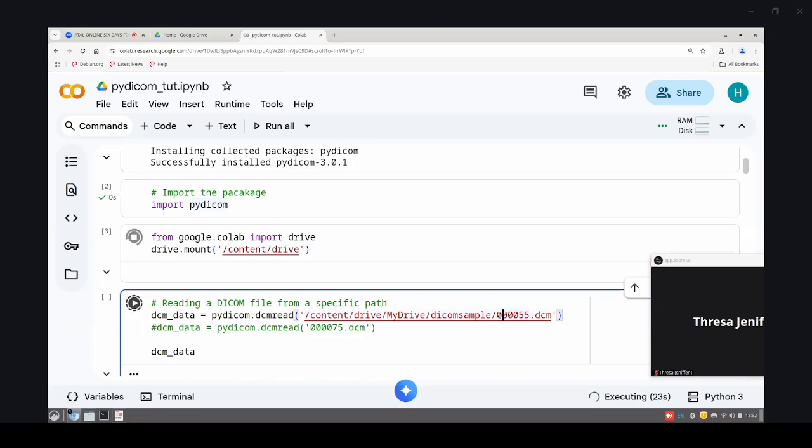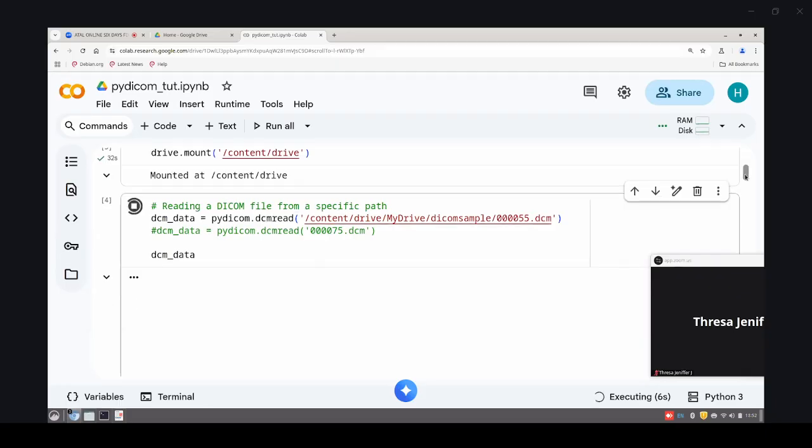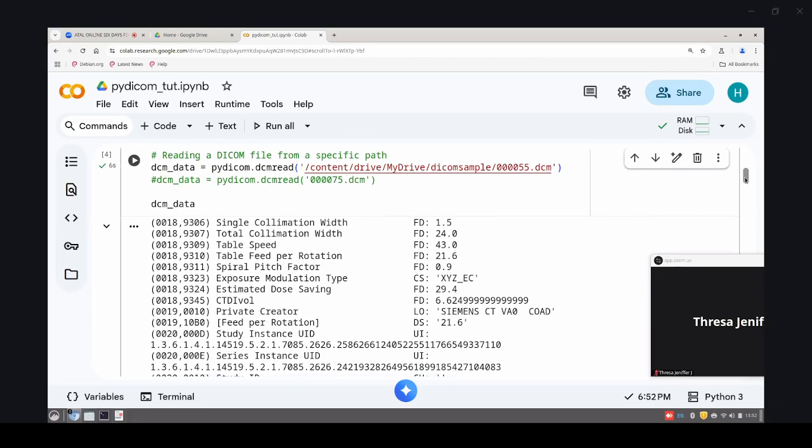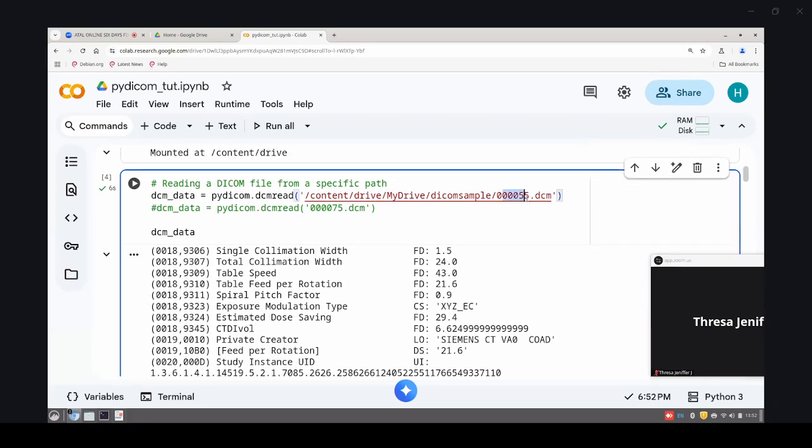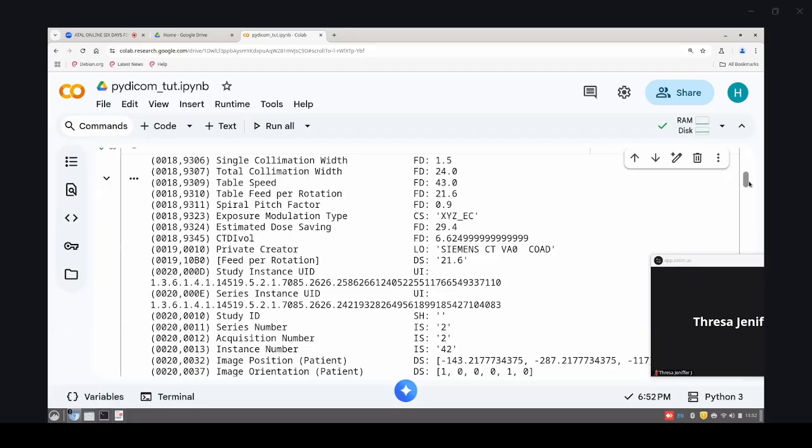Here my DICOM image is present inside my drive, in the DICOM sample folder. Inside that there is a 0000055.dcm file, and this will be in DICOM format. DICOM format means this file does not have only the image but also the patient information and the machine information.